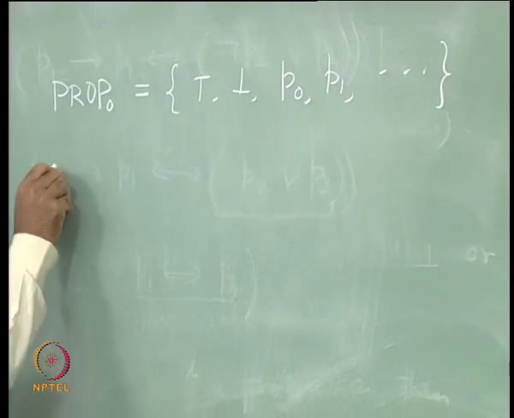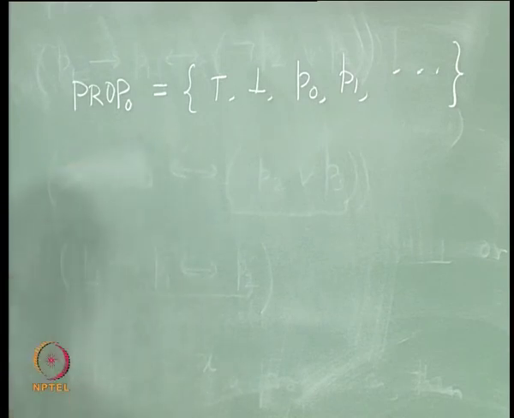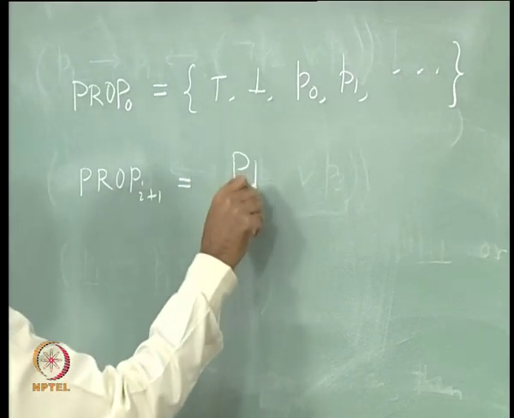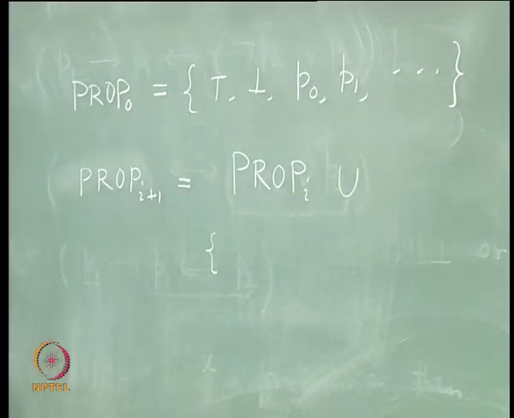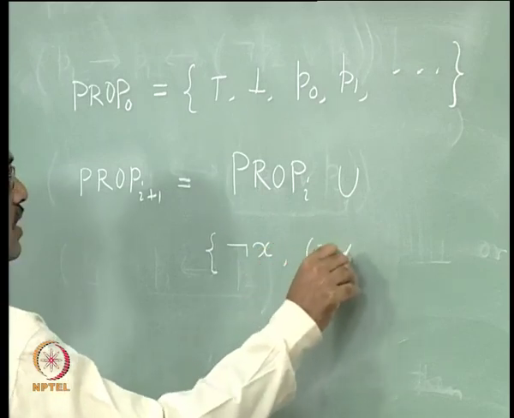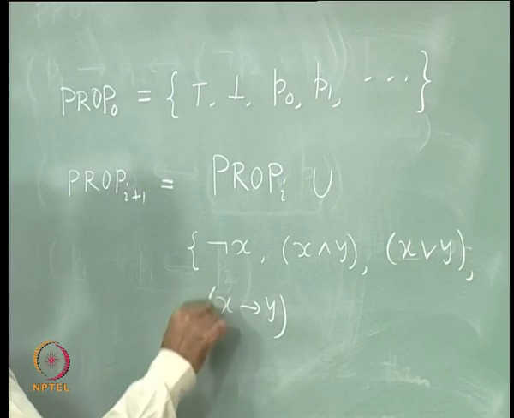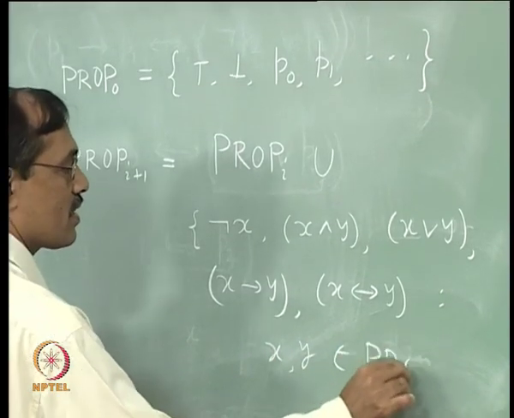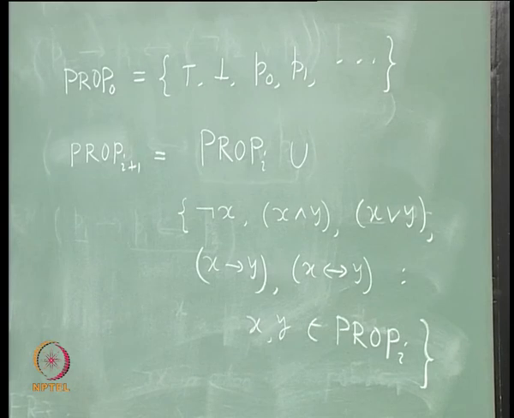Then I can say if prop I has been defined, prop I plus 1 equal to prop I union, something will be generated basing on elements of prop I: not x, or you can say x and y, or you can say x or y, or x implies y, or x if y, such that x, y are in prop I. Okay. So, we are generating level by level.